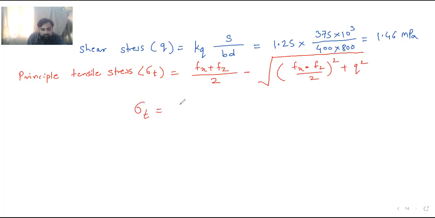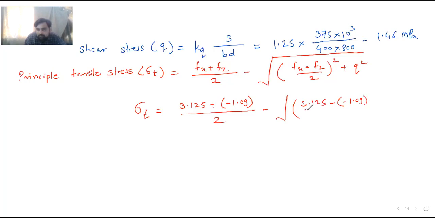Sigma t is equal to, what is the value of fx? 3.125. Okay. So plus, what is the value of fz? Minus 1.09, divided by 2. Again minus under root, fx 3.125 minus minus will become plus, so minus of minus 1.09 divided by 2 whole square, plus 1.46 square.